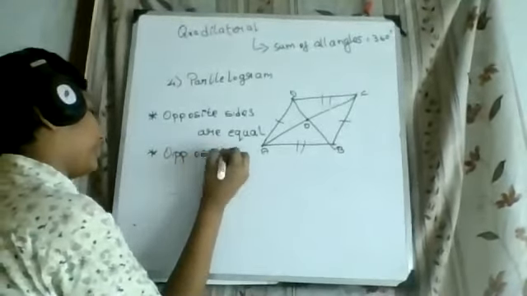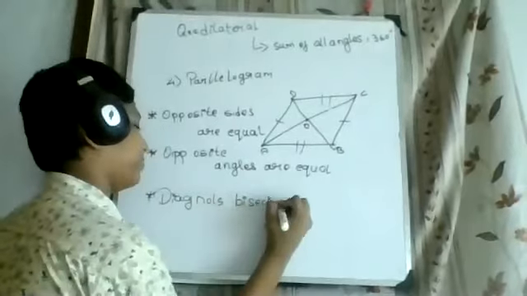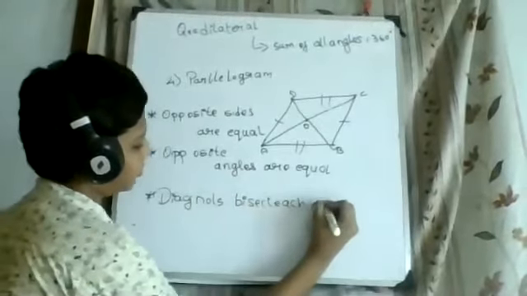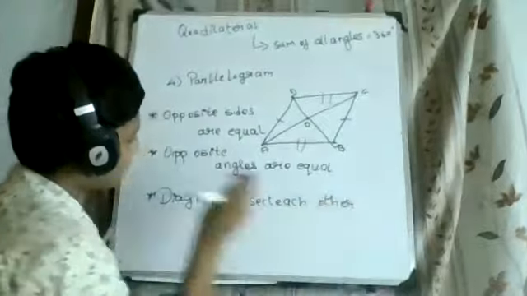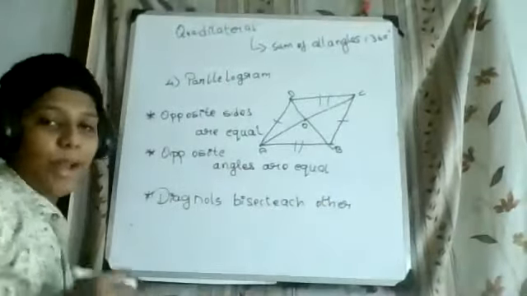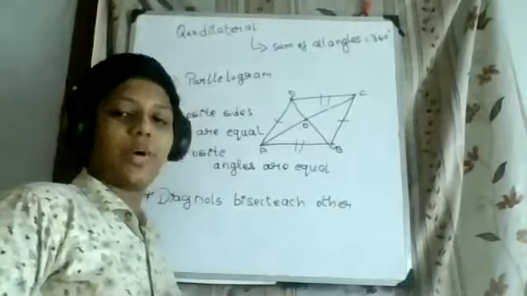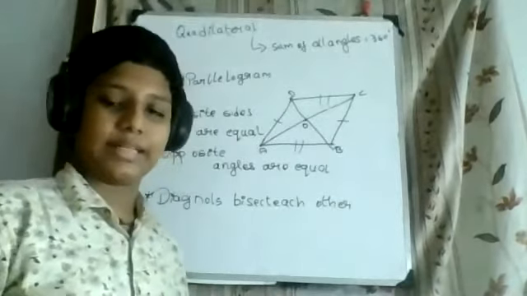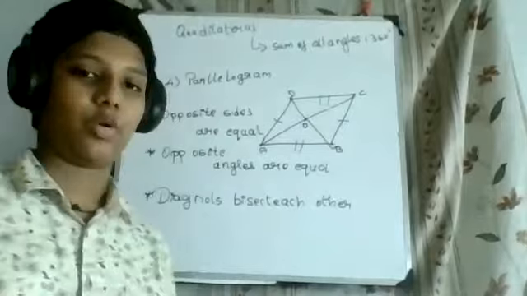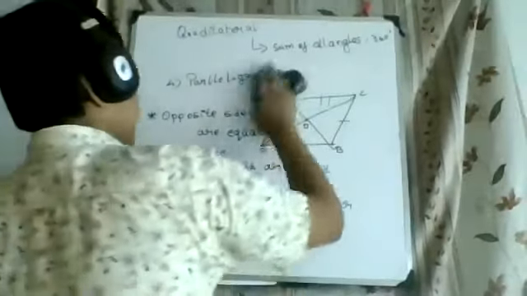That's it. These are the simple properties. Okay. See, what are the properties of a parallelogram? Opposite sides are equal. Opposite angles are equal. Diagonals bisect each other. These are the main properties of a parallelogram.